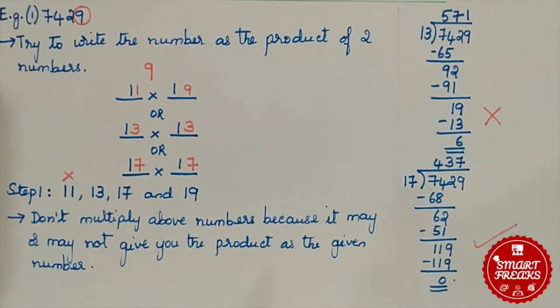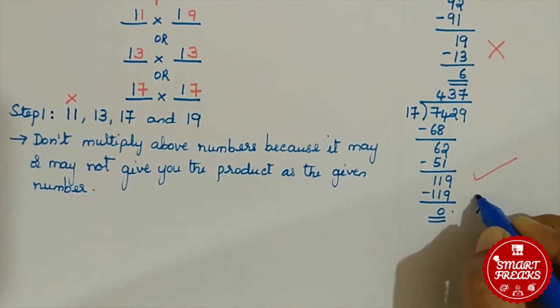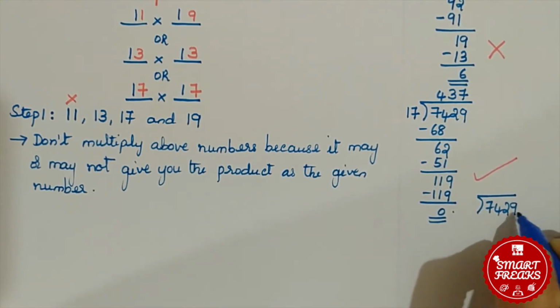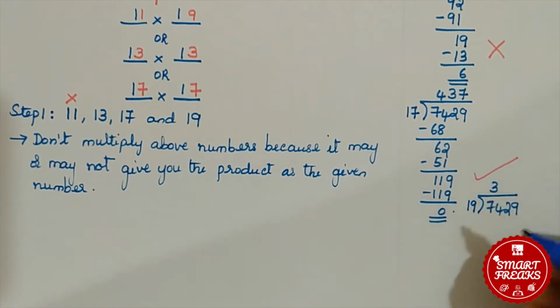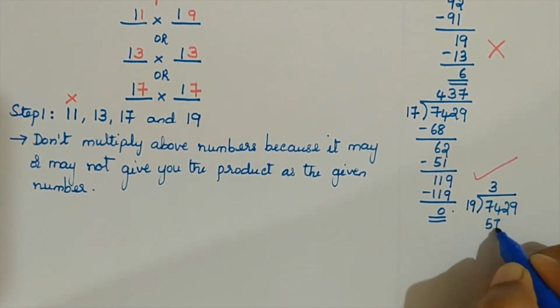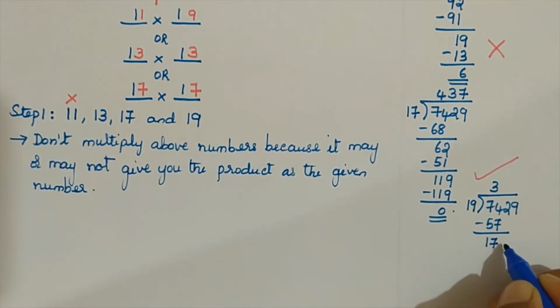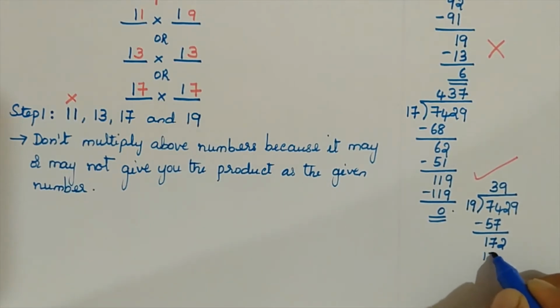Now we'll check division with 19. So that is 7429 divided by 19. 19 threes are 57. Subtract, we get 17. Bring 2 down. 19 nines are 171.